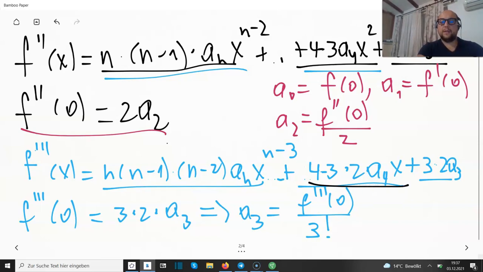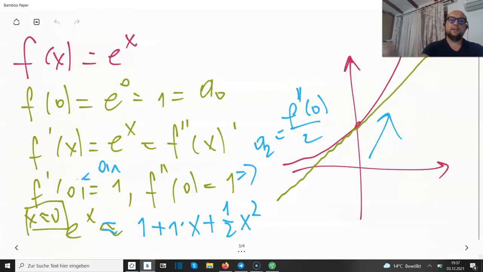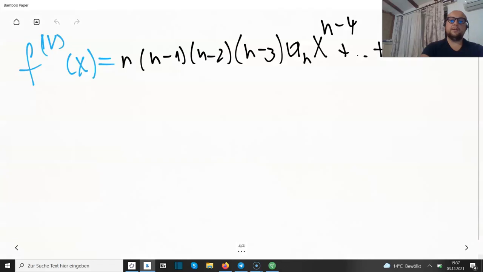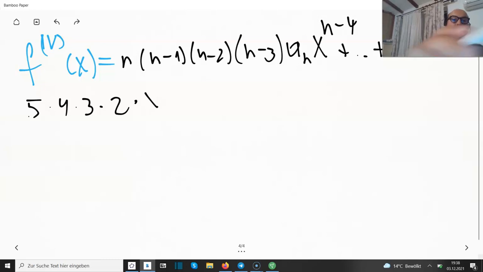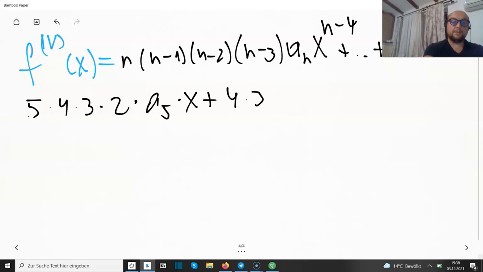You see, once again, only this term remains. So the expression with x to the power of 5 at the beginning would survive with x. So let me put it here. We would have 5 times 4 times 3 times 2, I don't need to write times 1, a5 times x plus 4 times 3 times 2 times a4.